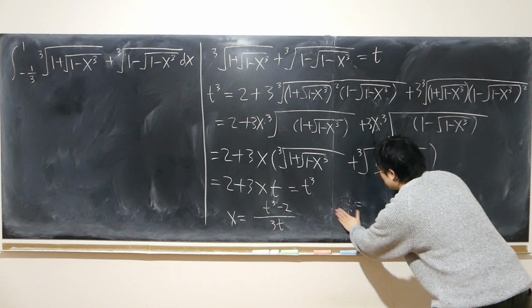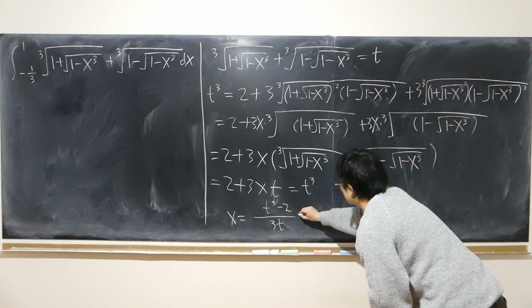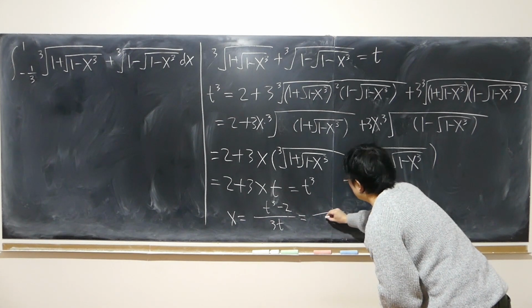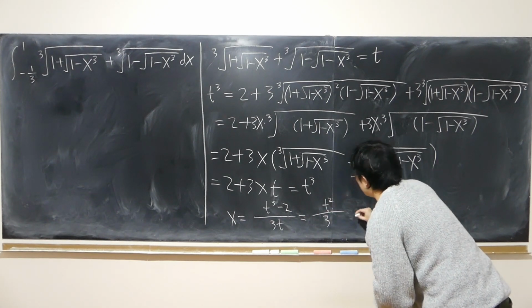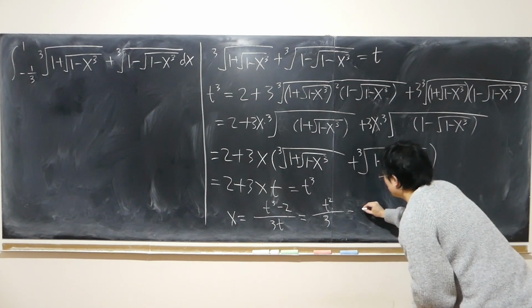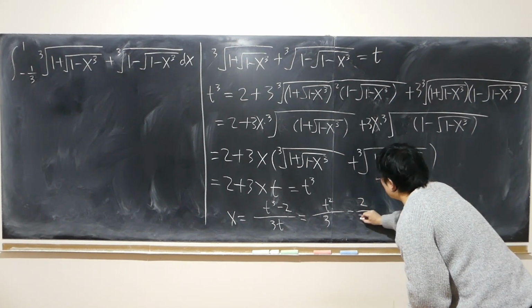So here, x is equal to t squared over 3 minus 2 over 3t.